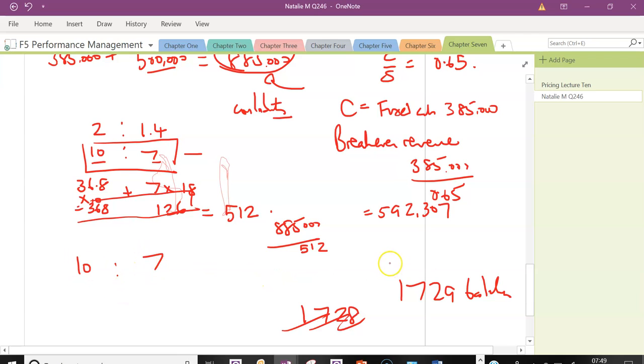In a batch, I have 10 full marathons and I have 7 half marathons. So in a batch, I have, I am rounding up quite a bit here, so bear with me.